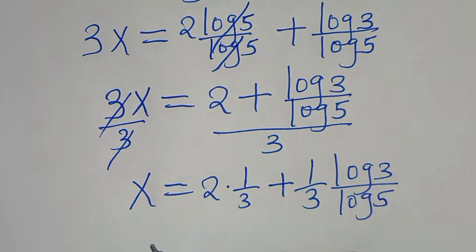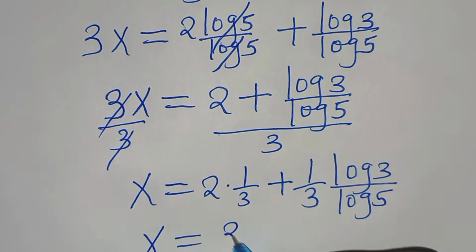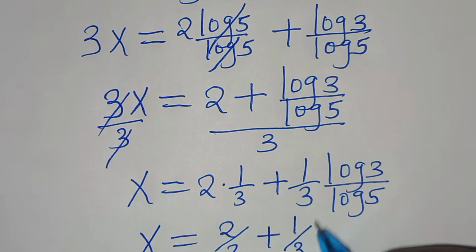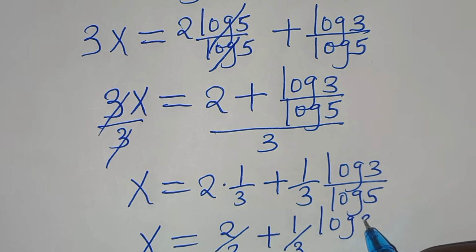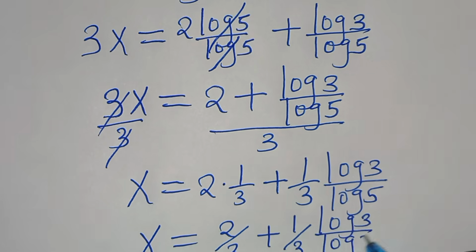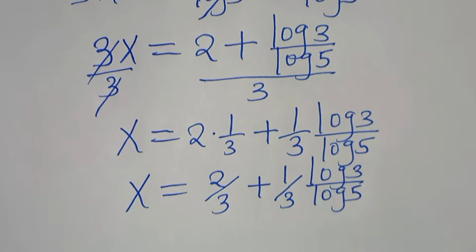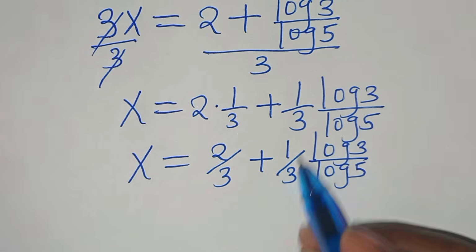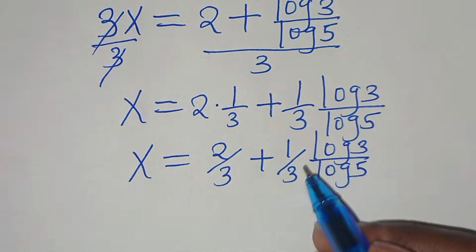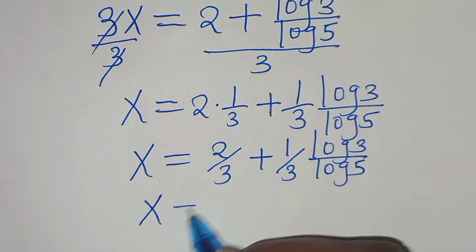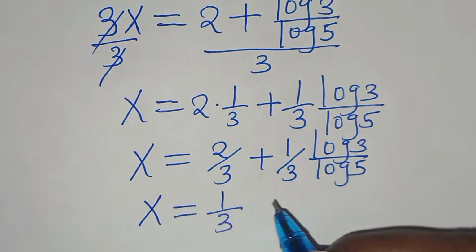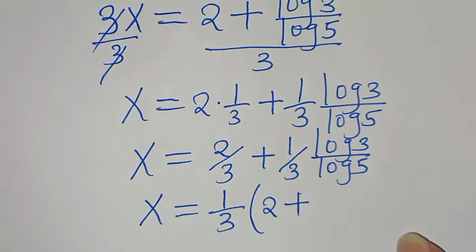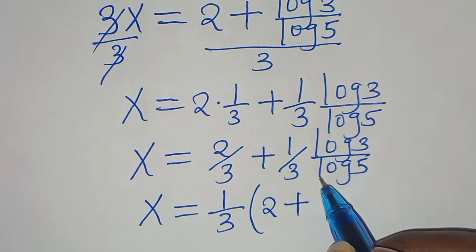And this implies that here we have x is equal to 2 over 3 plus 1 over 3 times log 3 divided by log 5. Now the next step is that a third is common here, so we can factor out a third, so that now x is equal to 1 over 3 into the parentheses, 2 plus log 3 over log 5.